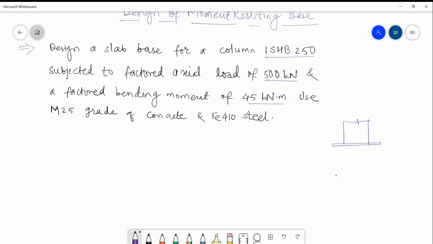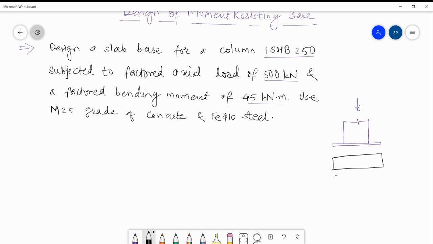So let's say this is the column and it is subjected initially only to axial load. When it is subjected to axial load alone, the upward soil pressure distribution will be uniform throughout.